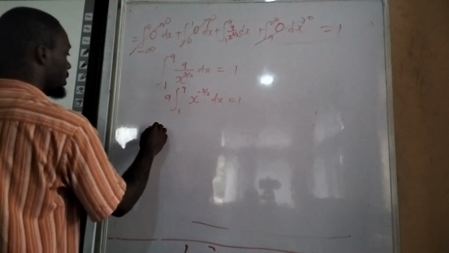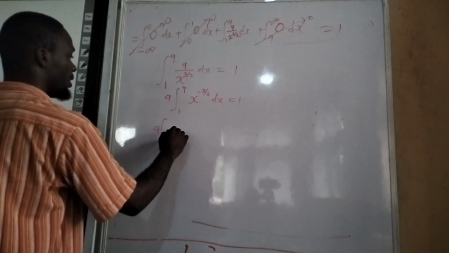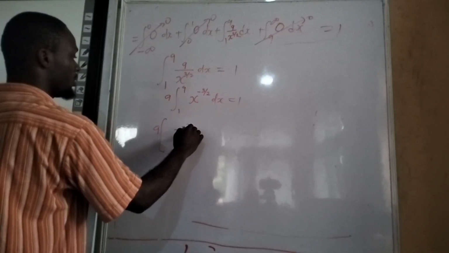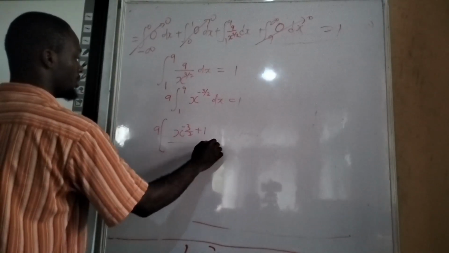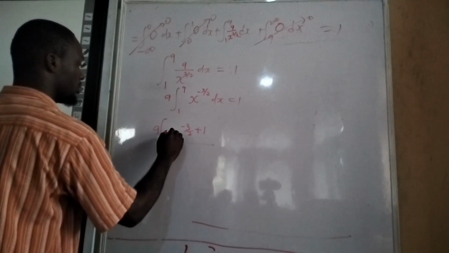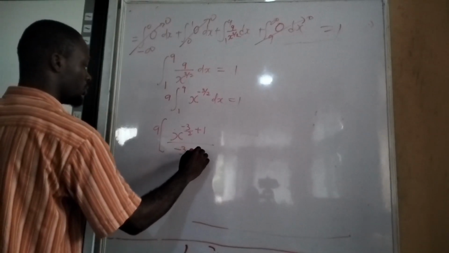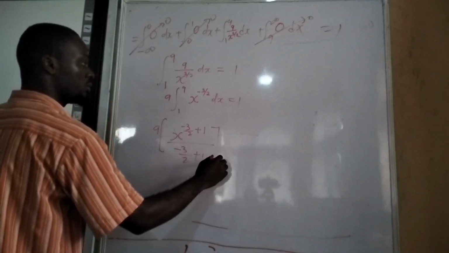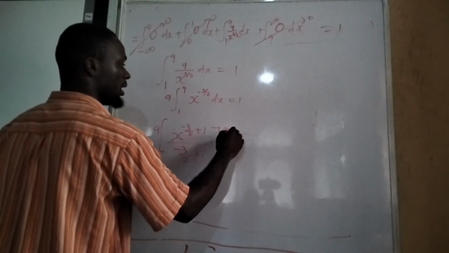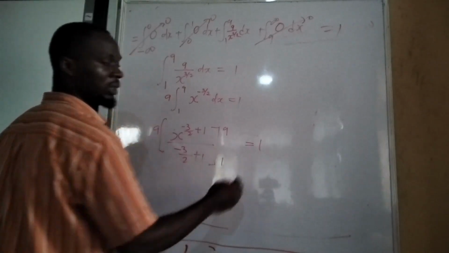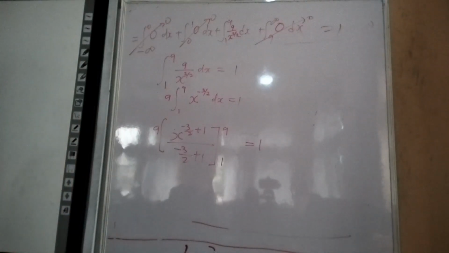So integrating, we will have s to the minus 3 over 2 plus 1, all over minus 3 over 2 plus 1. We take limits from 1 to 9 and equate it to 1. Just normal integration.